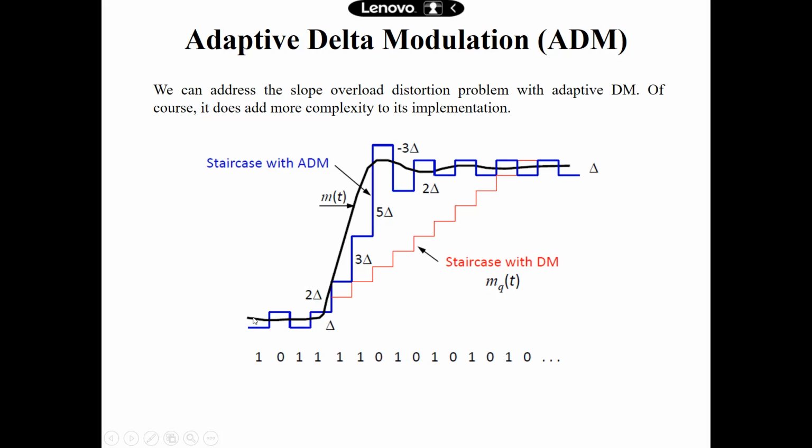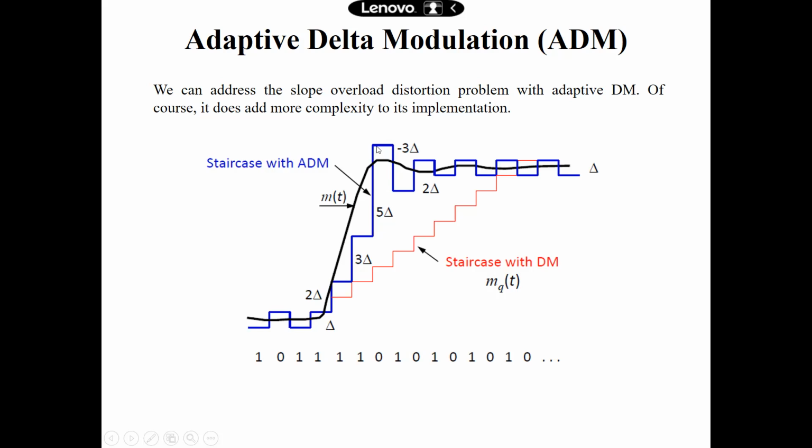So depending upon the waveform we are using, when it sees that the amplitude is increasing at a higher speed, it increases the step size from delta to 2 delta or maybe 3 delta and 5 delta.